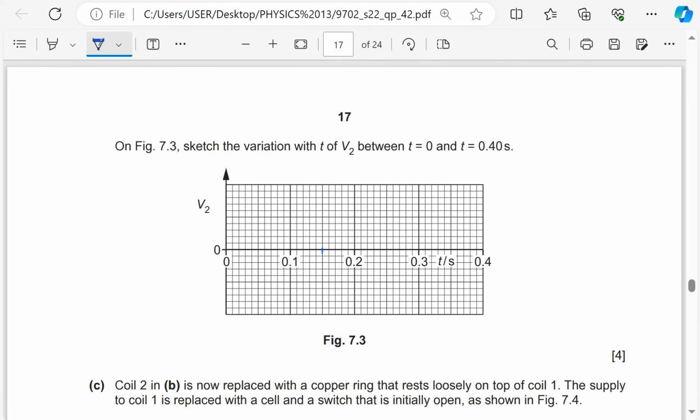At 0.15, I have 3 boxes. So this is a step, a horizontal line there. And the other one is from 0.25, 1, 2, 3, 4, 5. I have another horizontal line here. Because the two lines were parallel, they have the same magnitude, same gradient. But between 0.15 and 0.25, we had an opposite magnitude.